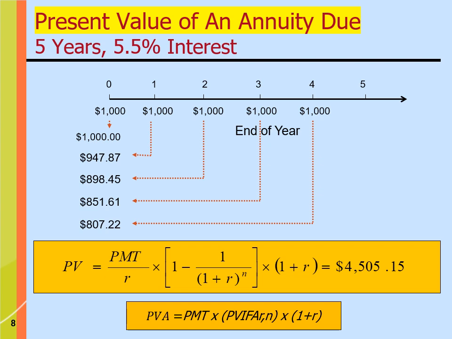In finding the present value of an annuity due, you still need to multiply by 1 plus R at the end of both methods, whether you use the formula or the financial table.